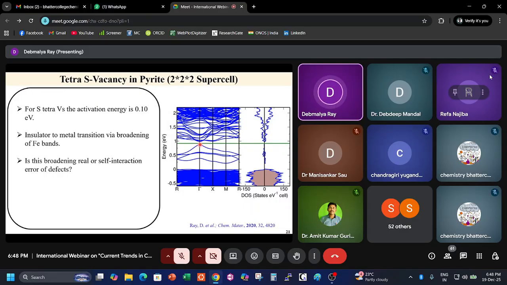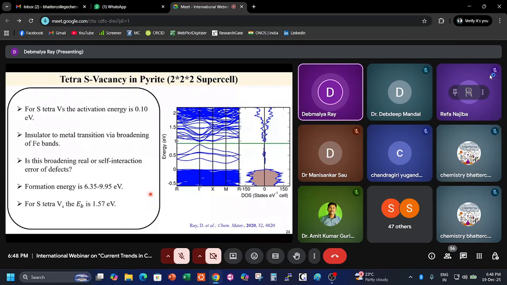Now the question is whether it is really an artifact of our calculation, because this is a very high defect concentration result. Sometimes when you do this periodic boundary type of calculation, there is a self-interaction error of defects. So is it really an artifact, or is it possible to happen? Because we are basically saying that there's an insulator to metal type of transition happening in this material at very high defect concentration.